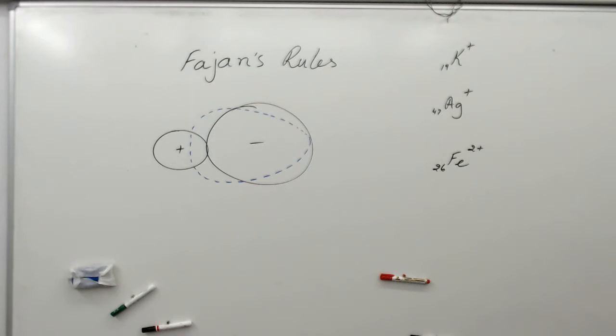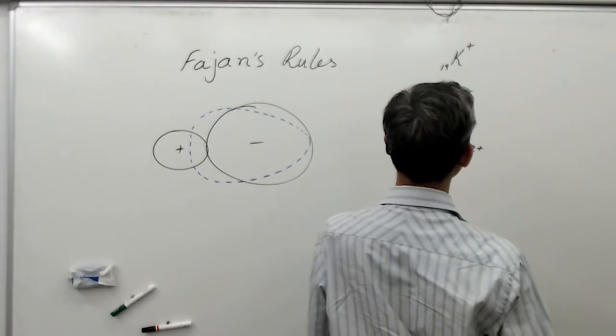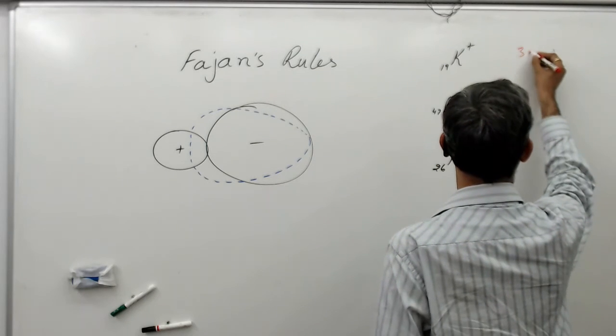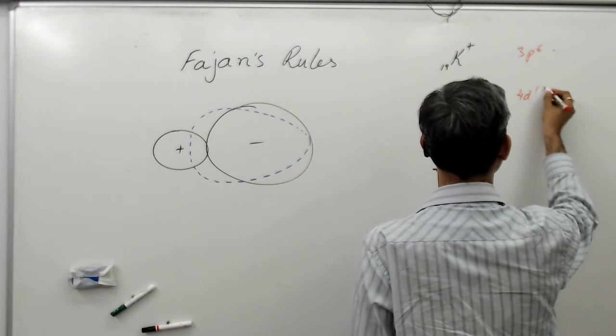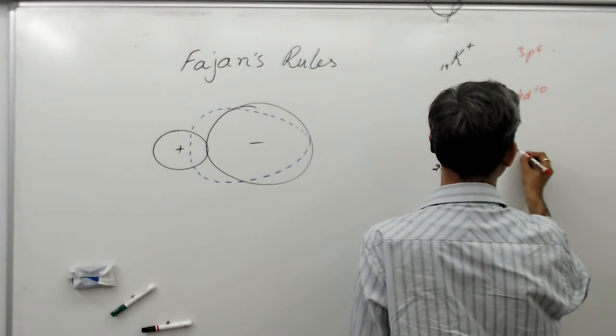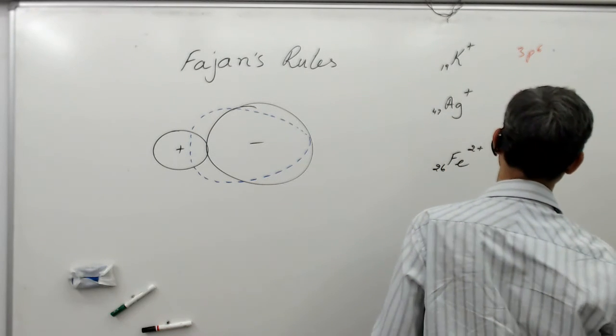Which one has 5s? Oh, sorry, Ag plus. Ag plus is going to be d10. Yeah, 4d10. So outermost of potassium is 3p6. Silver is 4d10 and iron is 3d6.